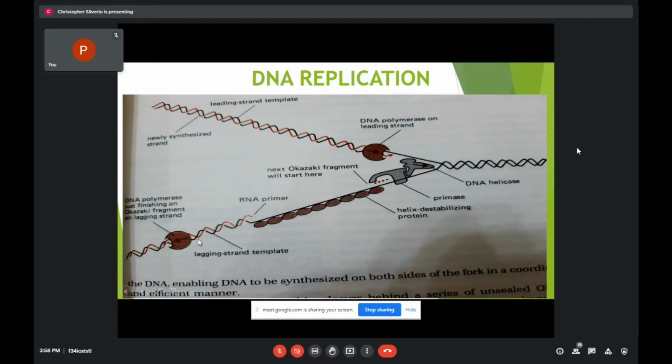Okay, as you can see, it starts to synthesize a new DNA strand, the red one, from the RNA primer. Okay, this is the new lagging strand, and you call this the Okazaki fragment.